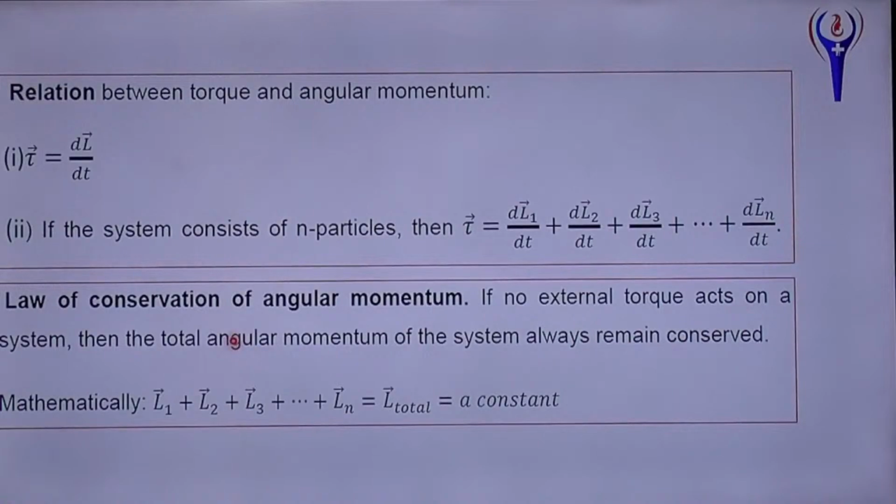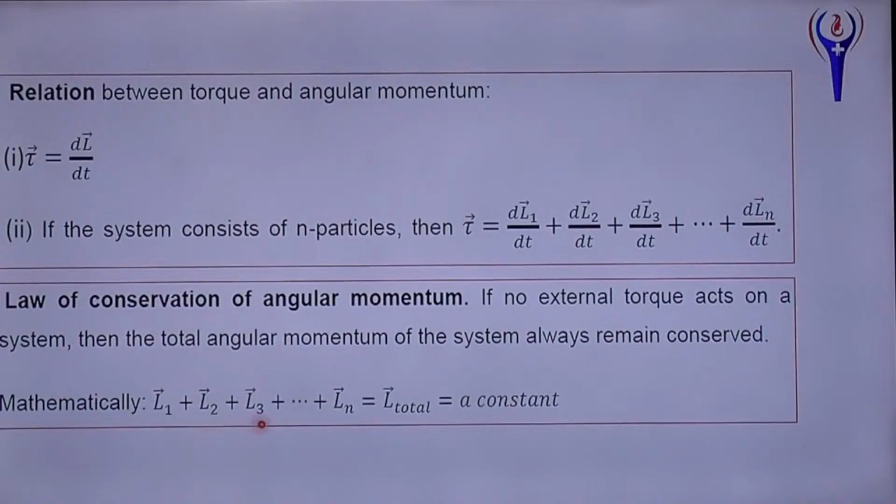Next, law of conservation of angular momentum. What is conservation? Constant. Like energy, angular momentum is also conserved. When? If no external torque acts on a system, then the total angular momentum of the system always remains constant. That is, if tau equal to 0, then L is constant.